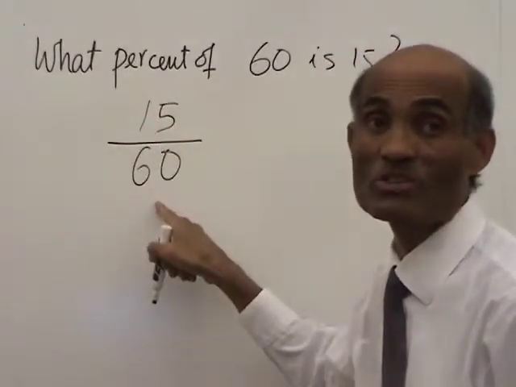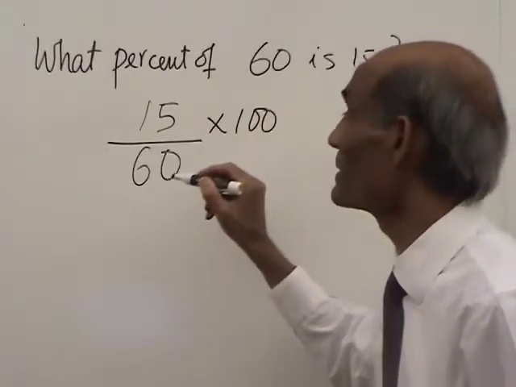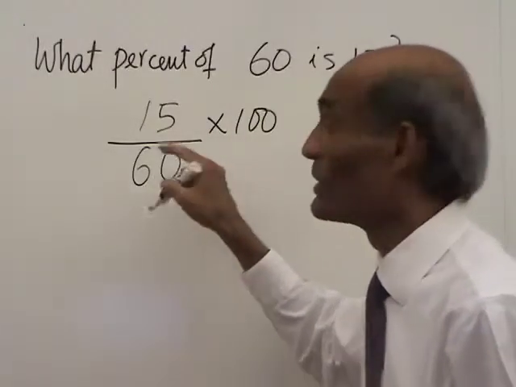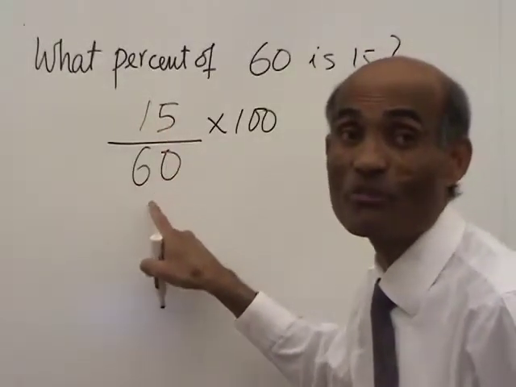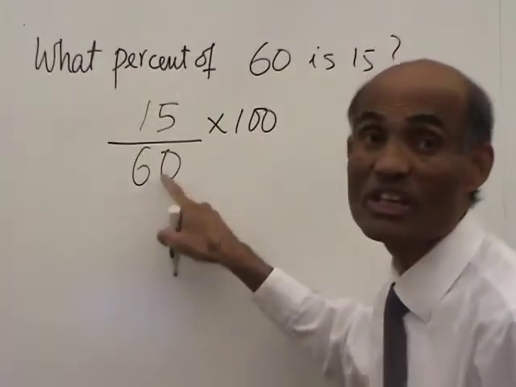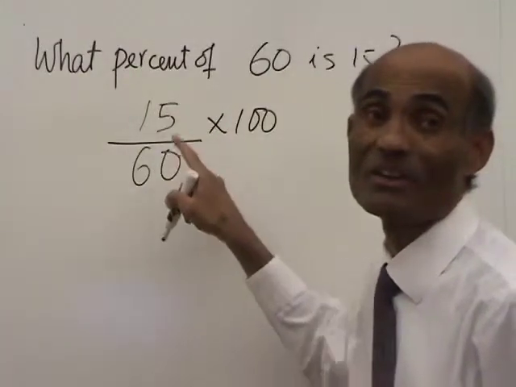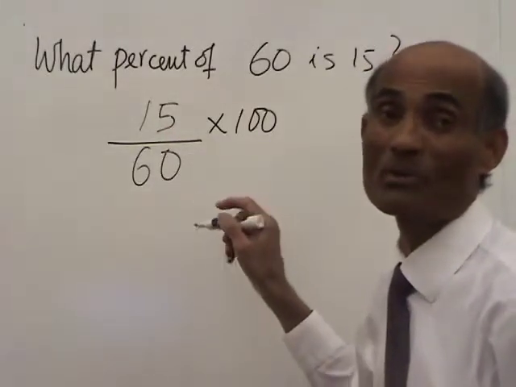Once you form a ratio, you simply multiply that by 100. Right? 15 is what percent of 60? Or what percent of 60 is 15? 15 divided by 60 multiplied by 100.